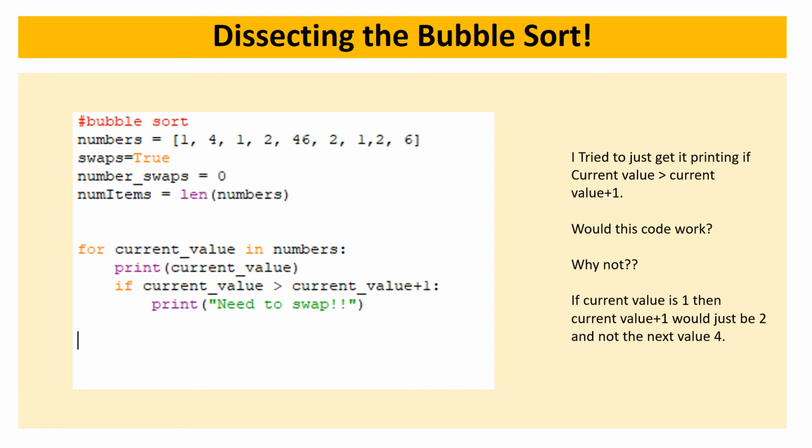Now the reason for that is because current value is just a variable which is going to iterate. It's going to iterate the number of items that are in numbers, the array. So it's just going to go 1, 2, 3, 4 until it's gone through every item.